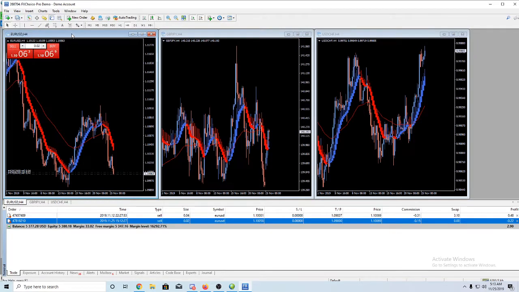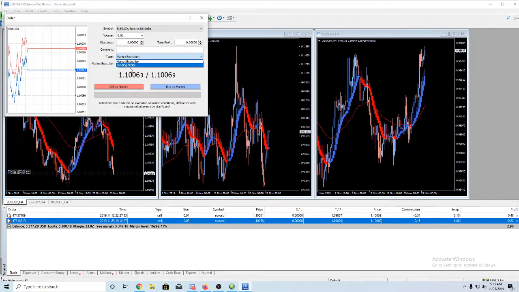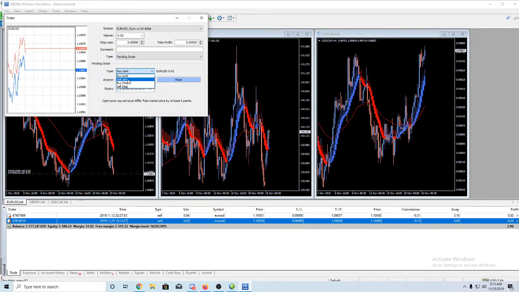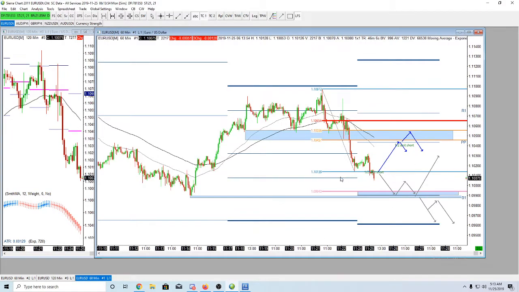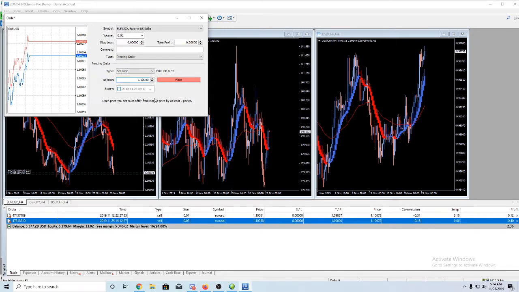View, pending order. This would be a sell limit, a pending order to sell. 1.1040, right? Let's do that. It's in the morning, struggling mentally. There we go. Now the take profit, I'd say it's the same thing. It's the same target, 1.09.